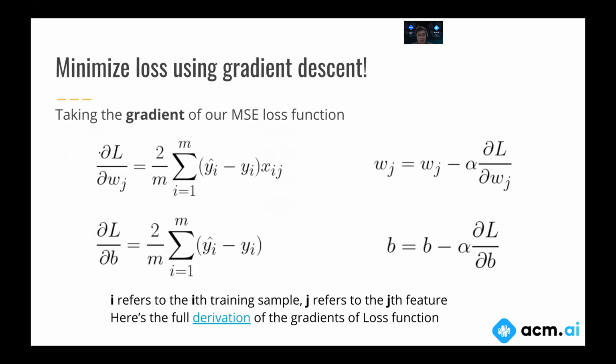Basically we're just taking the vector, our gradients, which is a vector of all the partial derivatives of our loss with respect to each weight and bias, as denoted by these two formulas here. The math needed to derive these gradients is actually pretty complicated, so I'm not going to do it on the spot, but if you're curious, I've linked the full derivation of the gradients in the slides.